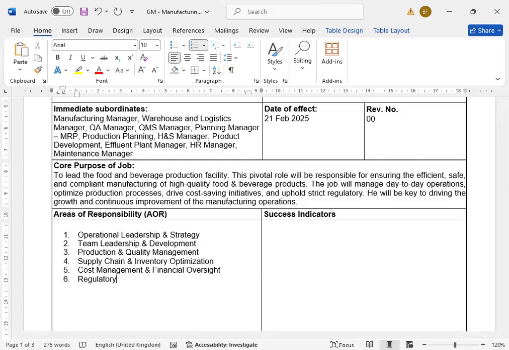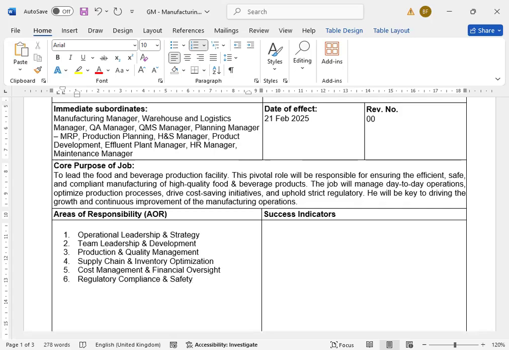Manufacturing will not sustain its operation if there is always non-compliance to regulation, especially HACCP, SQF, ISO, you know, especially the FDA. Very important is the FDA. The company should be in compliance with the FDA. Otherwise, the company will be in big trouble and not be able to sustain the business.